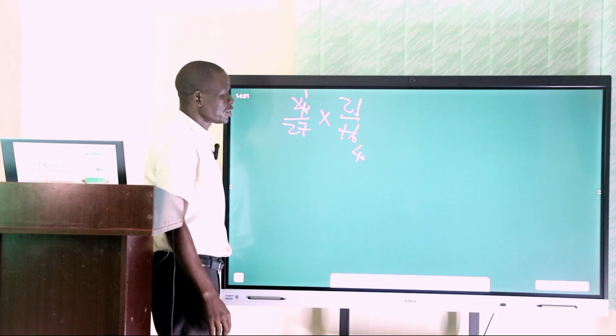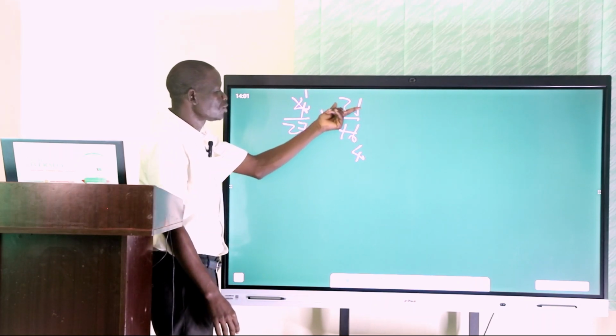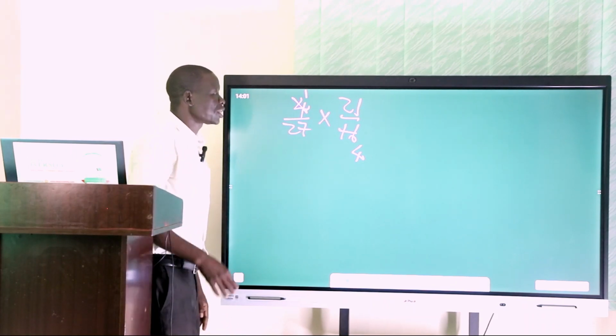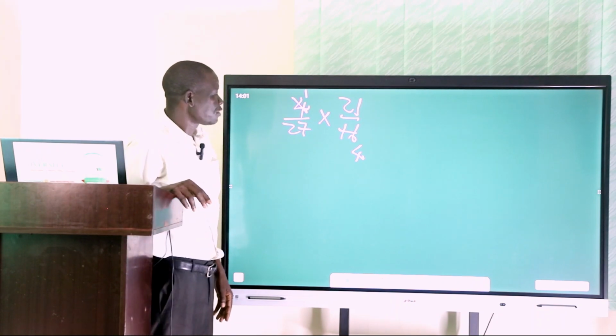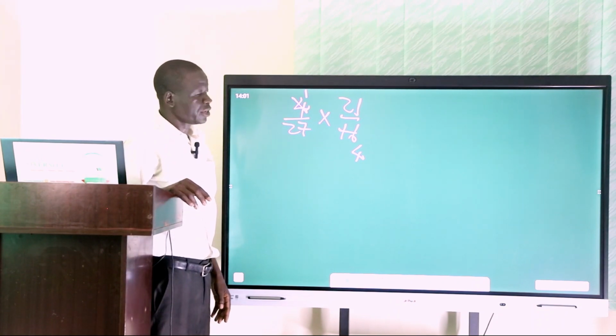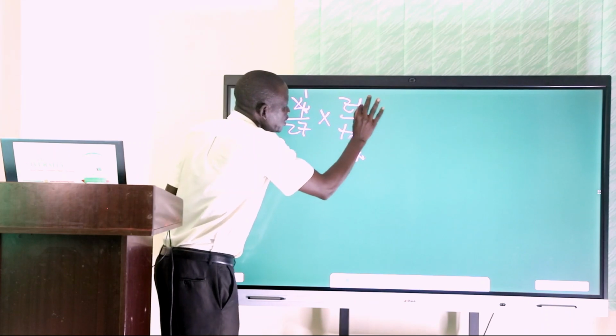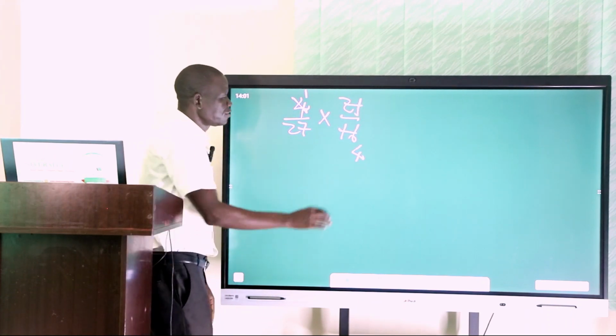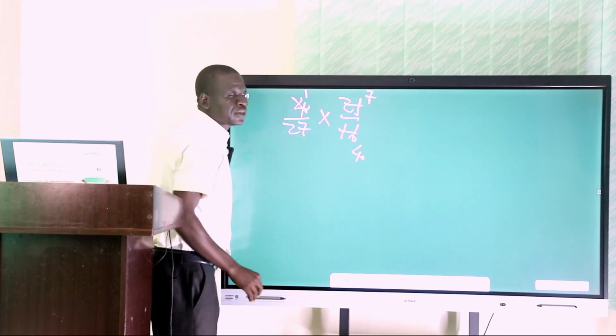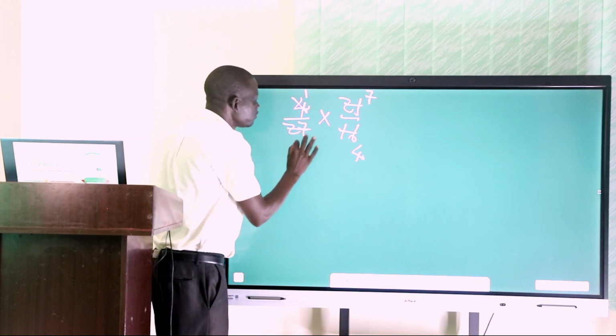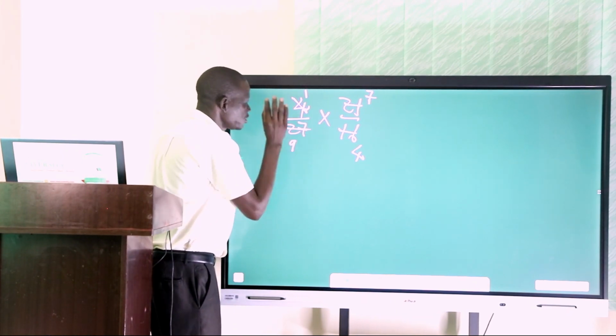So I've reduced that. When we look at 21 and 27, you can see that their common factor is 3. So I will divide 21 by 3. 21 divided by 3 is 7. Then 27 divided by 3 is 9.